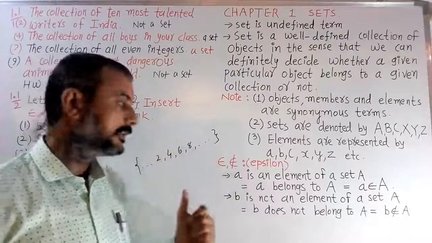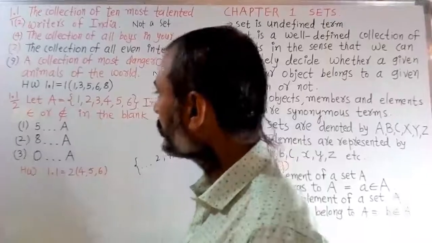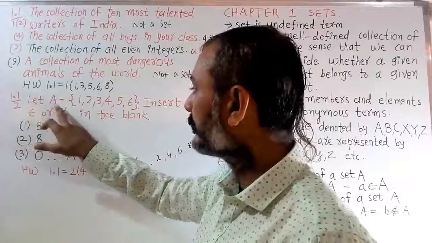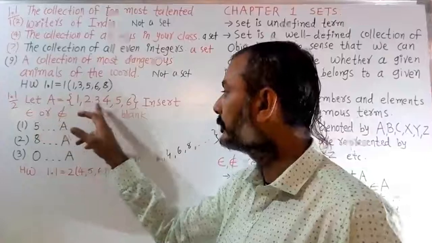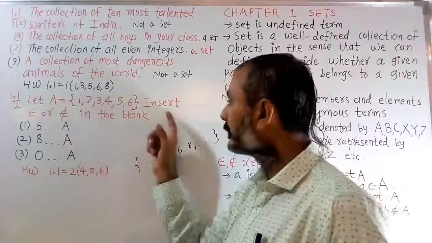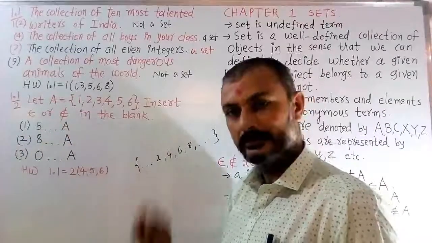Let me try to understand by some examples. First of all, 1.1 question 2. Let capital A be the collection 1, 2, 3, 4, 5, 6, meaning the set A. Insert belongs to or does not belong to in the blank.